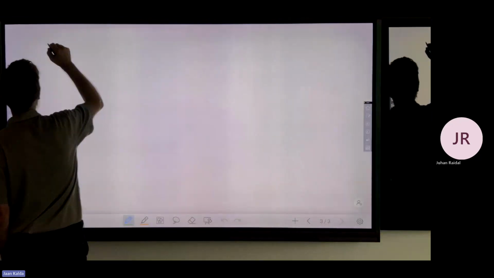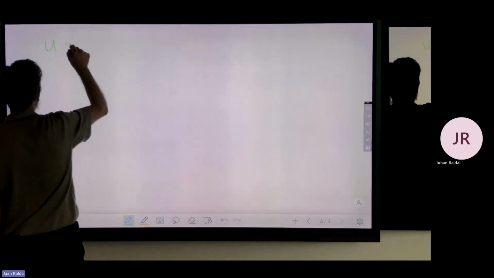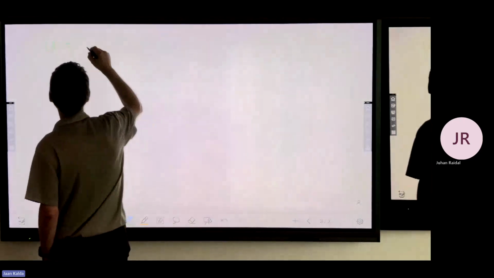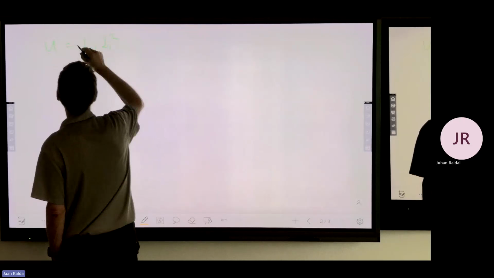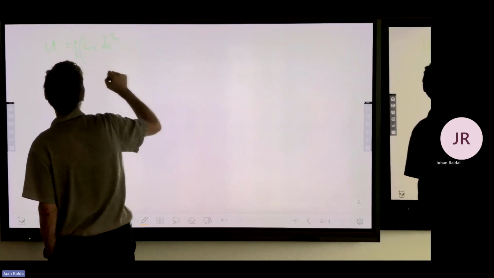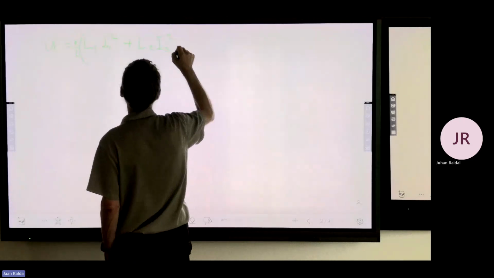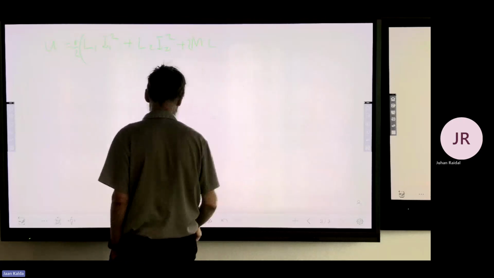So our energy, let us call it now U maybe, potential energy, or field energy. U is, 1/2 before the brackets, L1 I1 squared plus L2 I2 squared plus 2M I1 I2.